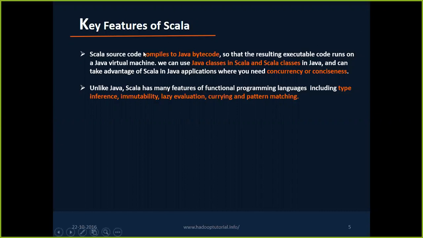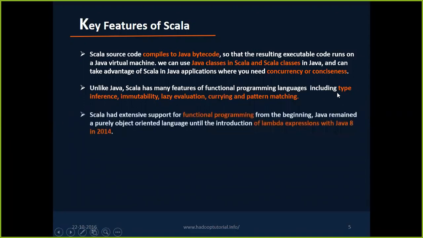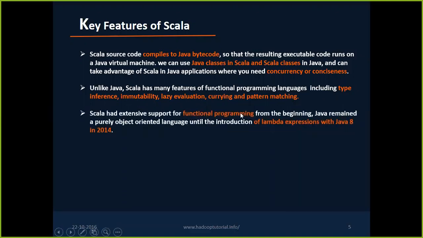Every Scala source code gets compiled to Java bytecode, which means .class files, and that resulting bytecode can be run on the Java virtual machine. As we were seeing, we can use Java classes in Scala and Scala classes in Java. Apart from OOPS concepts, it also supports functional programming features: type inference, immutability, lazy evaluation, currying, and pattern matching.